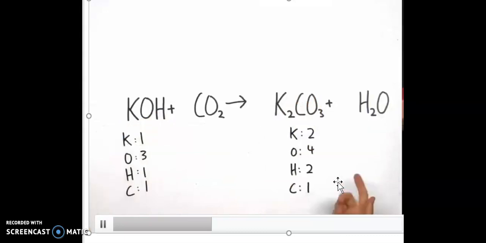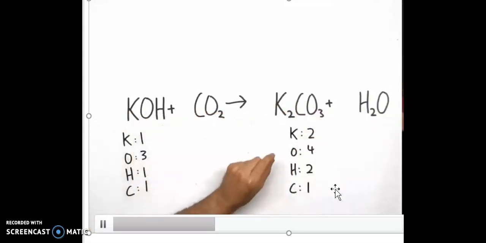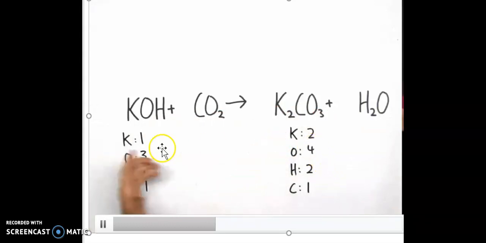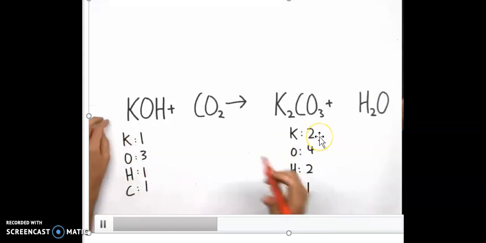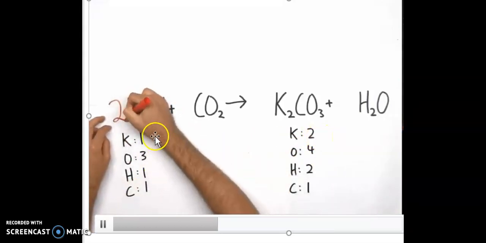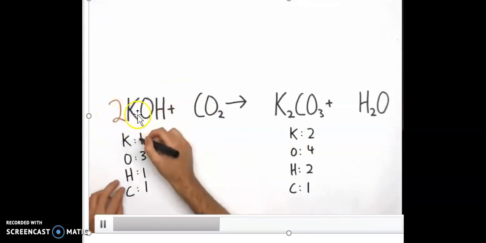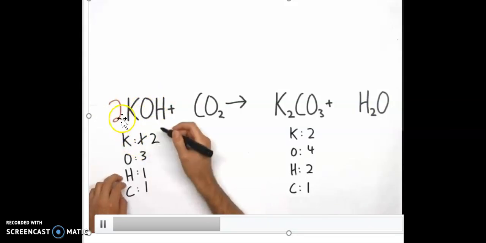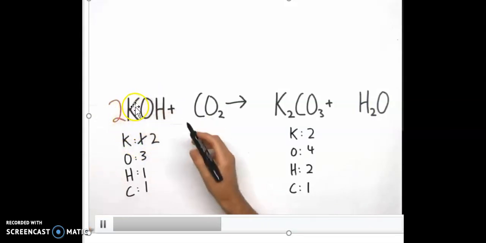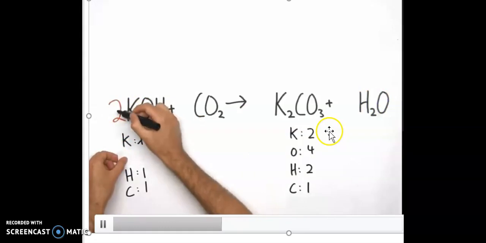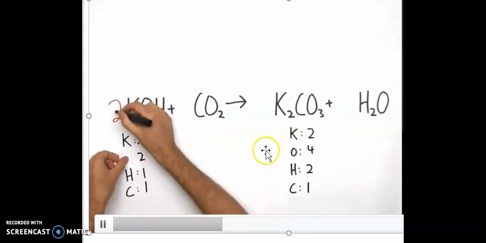Let's balance this out. So let's do the trial and error method, okay? If you're going to analyze, the potassium in the reactant side is 1, in the product side it's 2. So let's try to put 2 as the coefficient in this compound here. So potassium is already 2 in the reactant side, balancing with the 2 in the product side.